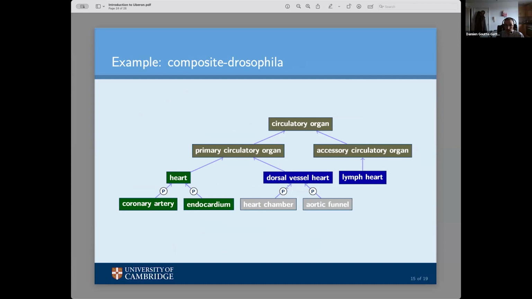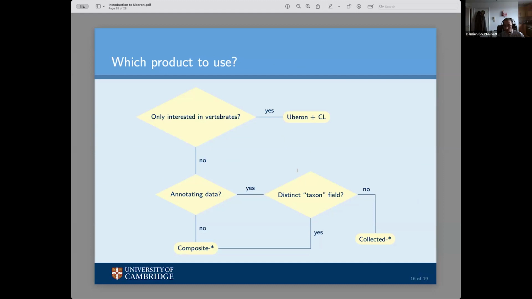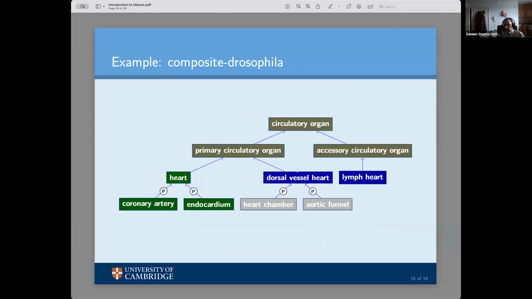Instead, you should use the Uberon term representing the dorsal vessel heart in all arthropods. And what this also means is that in composite ontologies, for some terms, you might lose the taxon-specific bit of information if you annotate to composite terms instead of annotating to collected metazoan terms.